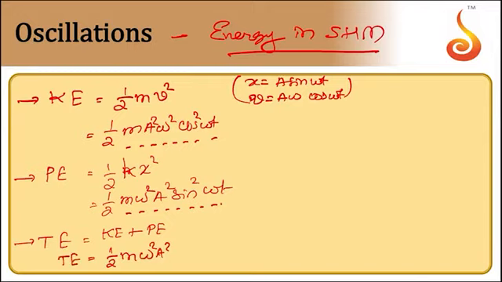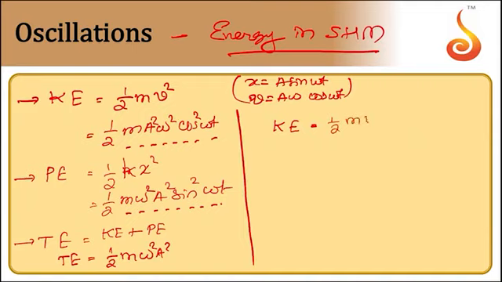That means in the absence of any energy loss, the total energy of the system remains constant. If there are no dissipative forces, a particle in SHM retains its total energy. The kinetic energy can also be written in terms of position. How?